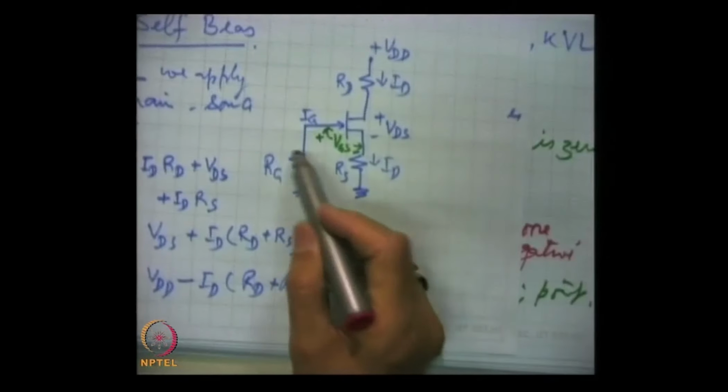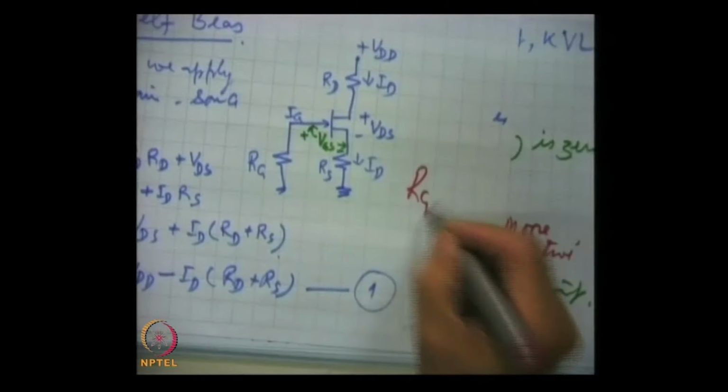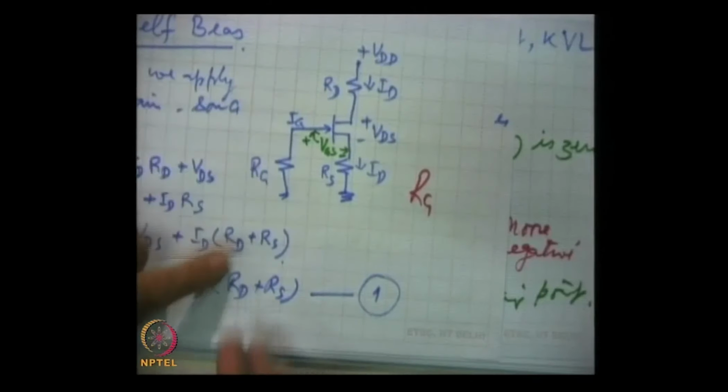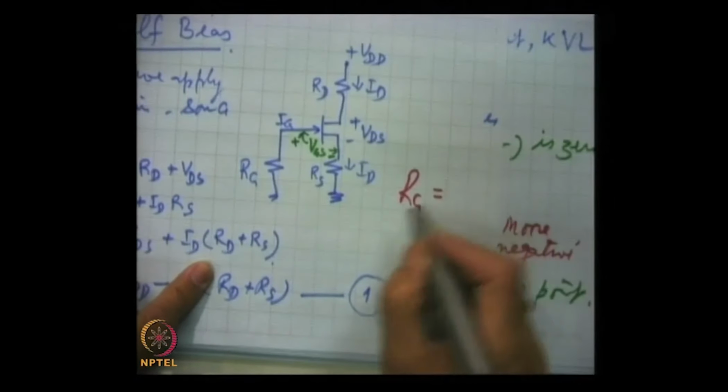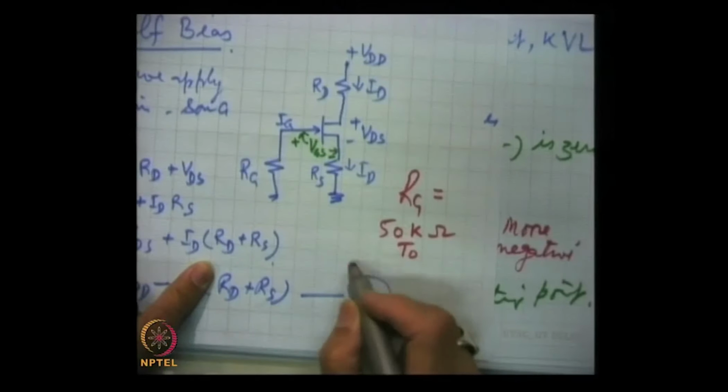Here, last point: Ig we have taken 0, so no current flows through this Rg. So, Rg acts as a high voltage probe, there is no current through it, and hence Rg can be taken in the range of 50 kilo ohms to 100 kilo ohms.